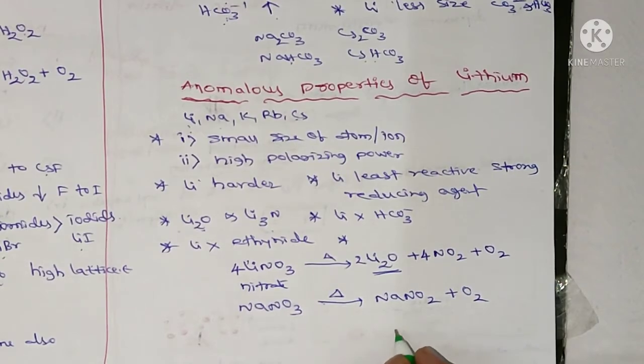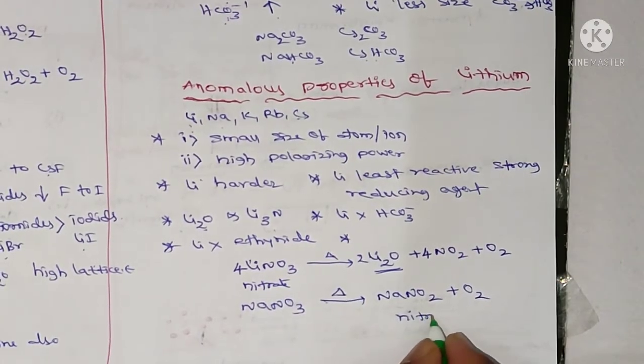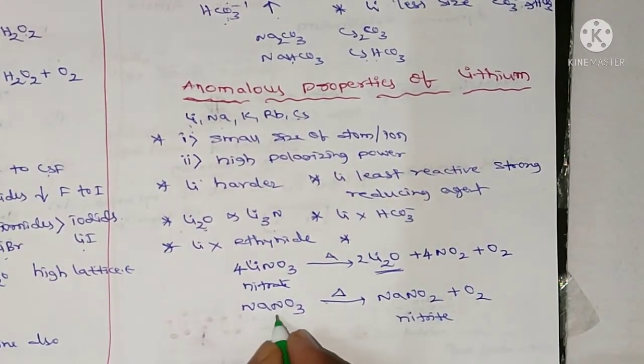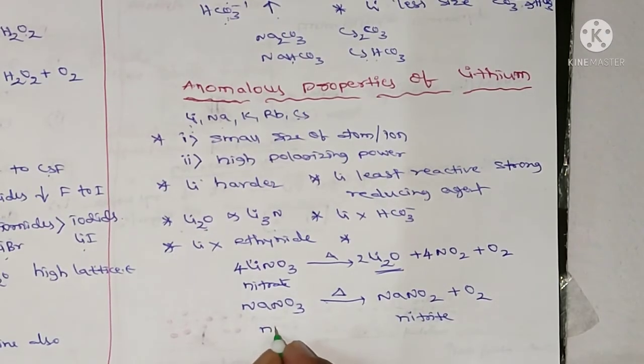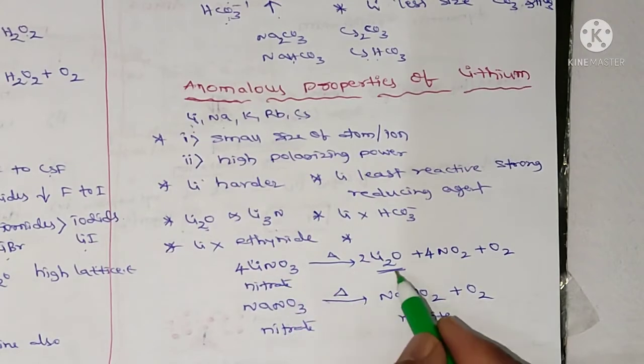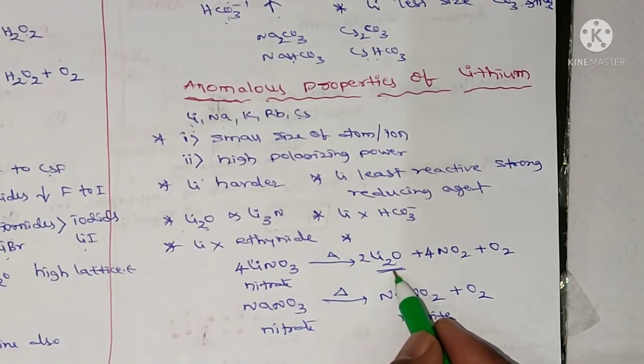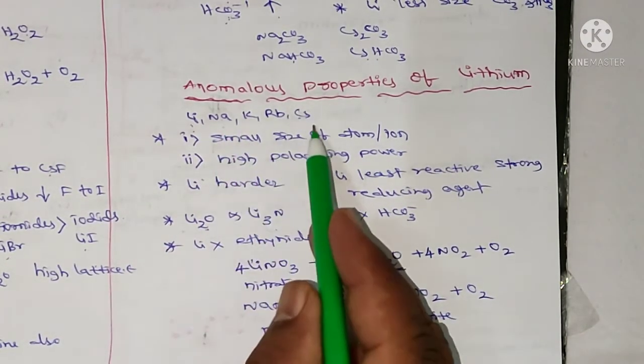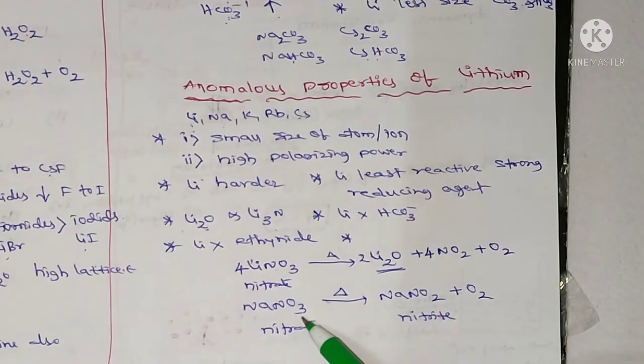So it is called nitrite, and it is a nitrate. So lithium nitrate can give lithium monoxide, but other metal nitrates from sodium to cesium can give the nitrites.